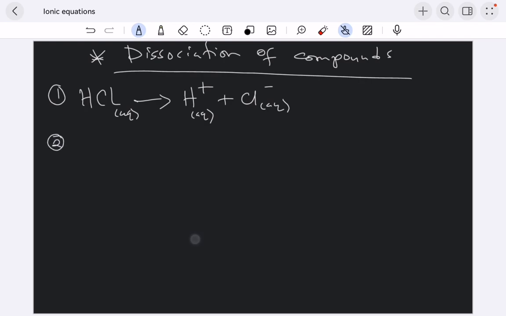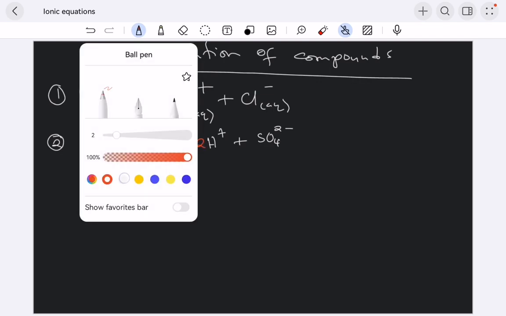If we give an example of sulfuric acid, when this dissociates, we get H+ and SO4 2-. Now remember, we have to balance the equation. So to balance the equation, we put a 2 there.